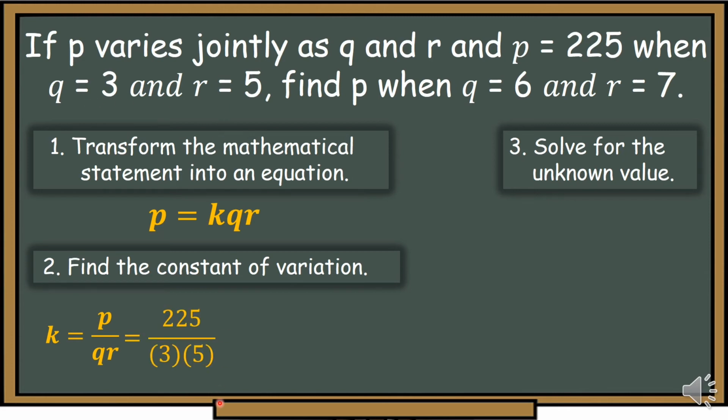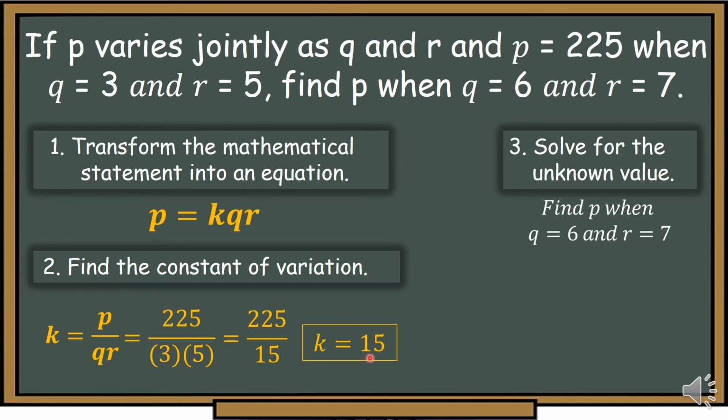To substitute, we have 225 over 3 times 5, and that is 225 divided by 15. 225 when divided by 15 is 15. Our k is now equal to 15. Let us now find P when Q is 6 and R is 7.